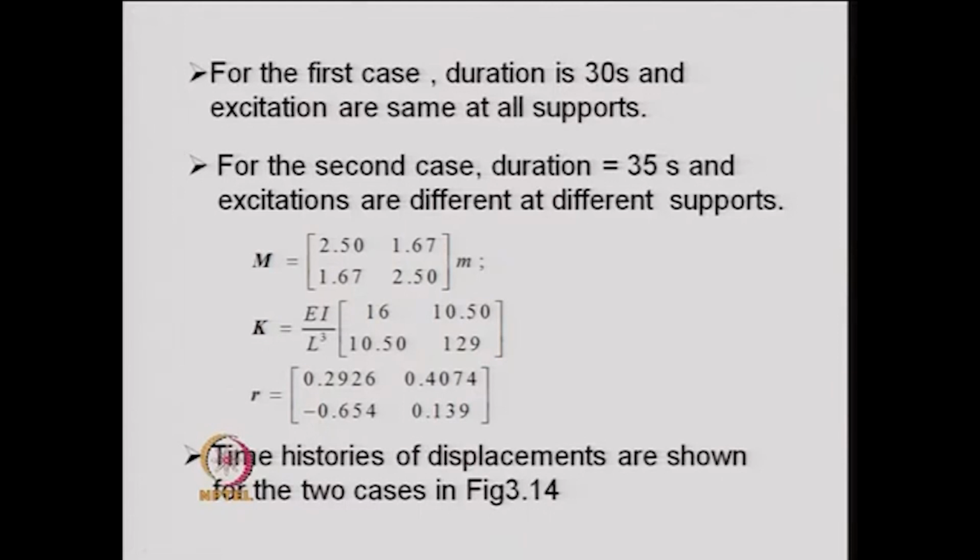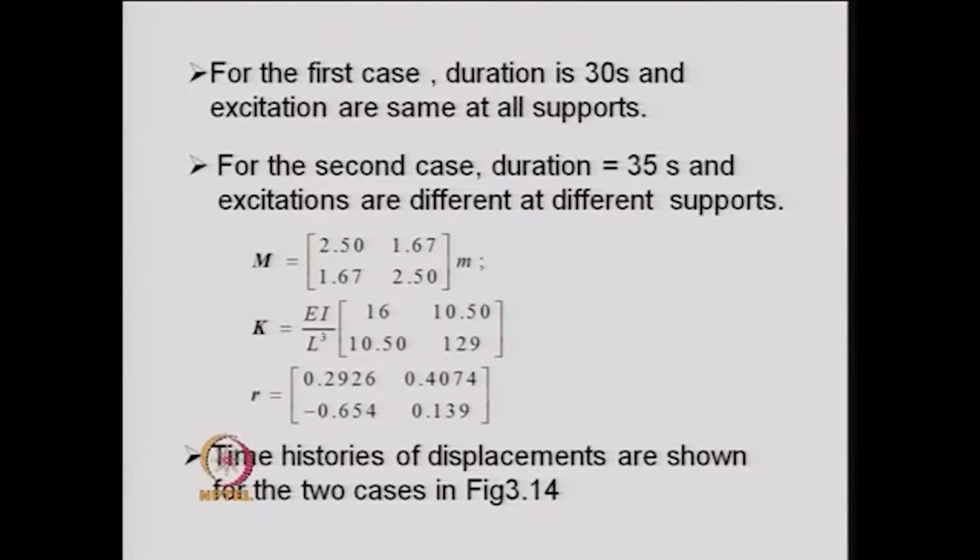So, now by writing down the equation as m x double dot plus c x dot plus k x is equal to minus m r into x double dot g, using that we obtain the response of the system. But before that, let me tell you that in this case, although the duration of the ground motion or earthquake record is 30 seconds, the duration of excitation at the two supports is taken as 35 seconds, because there is a 5 second time delay between the two supports.